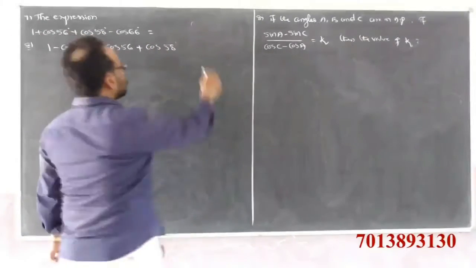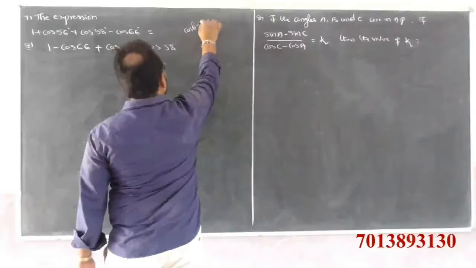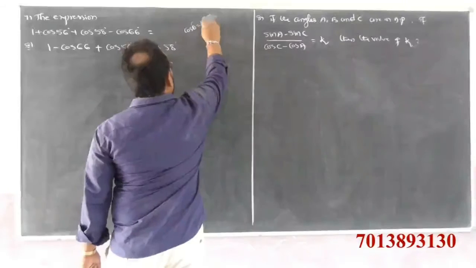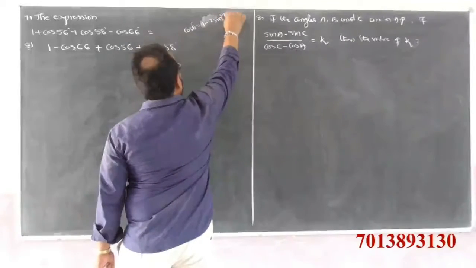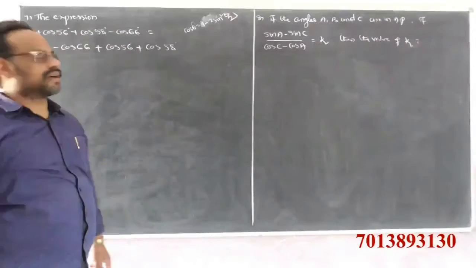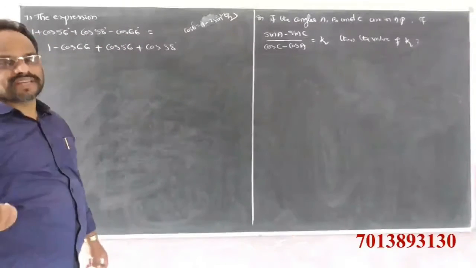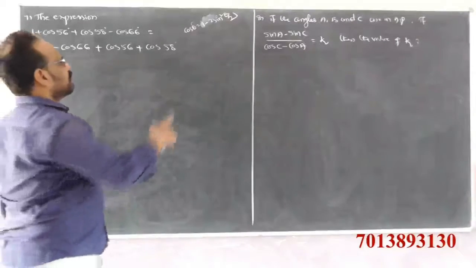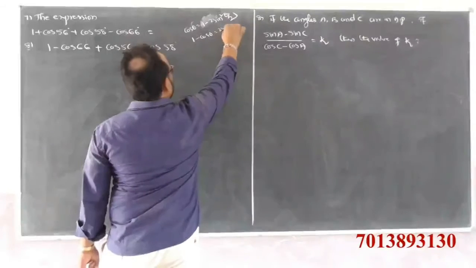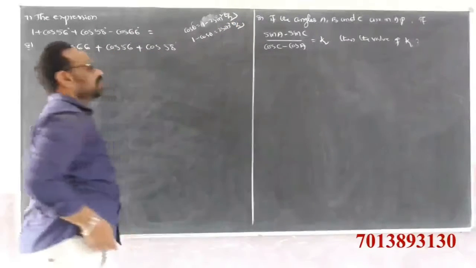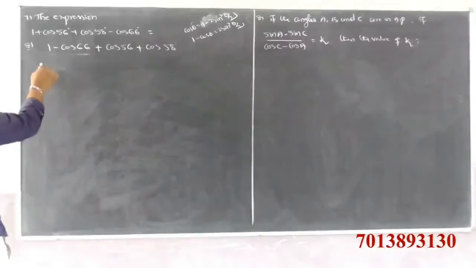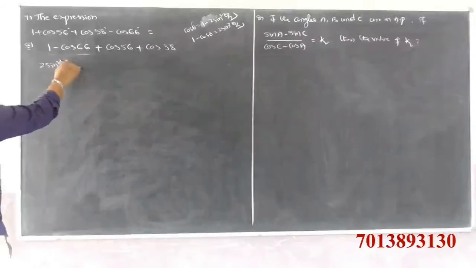Already we know that cos 2 theta is equals to 1 minus 2 sine square theta, right? So if you transform, we get here 1 minus cos 2 theta is equals to 2 sine square theta. So 1 minus cos theta can be written as 2 sine square theta, right?